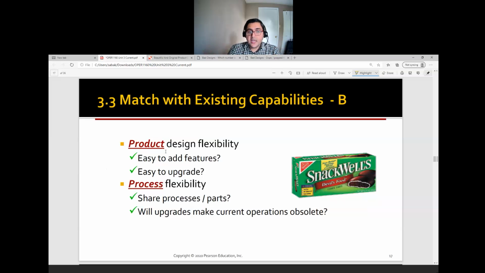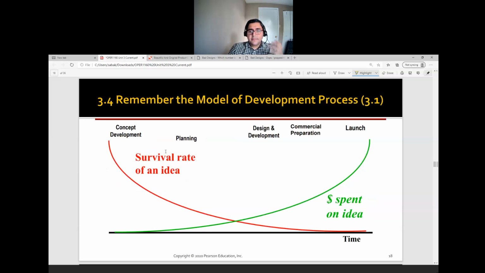The size itself, the package, is an example of a new feature. Can I upgrade it? Can I change it? These are some of the things you should remember. If you come up with a product which demands lots of investment from your company, chances are high that the company may not be interested in coming up with such a product.